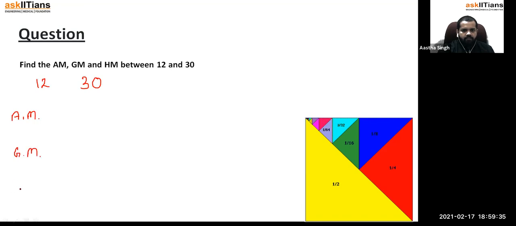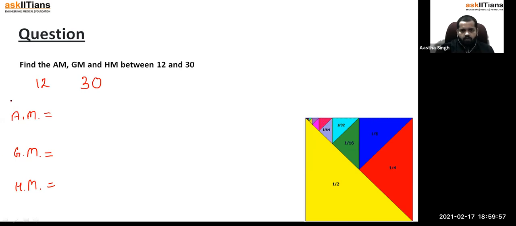And find HM. Try solving them, guys. Just try to find out all these three: your AM, GM, and HM.